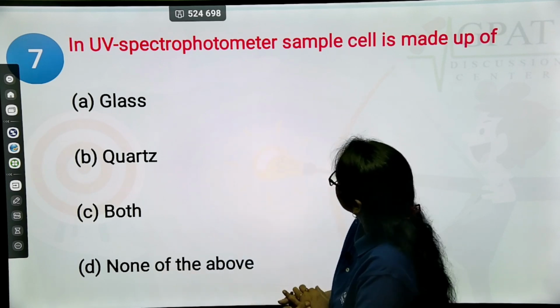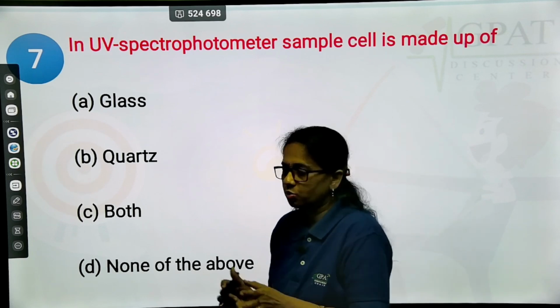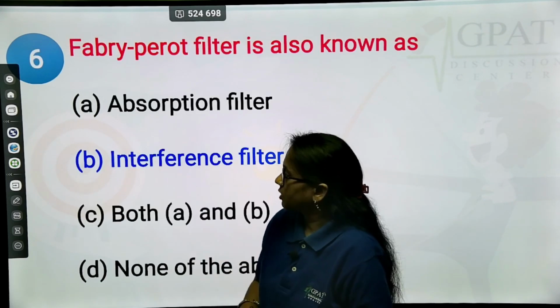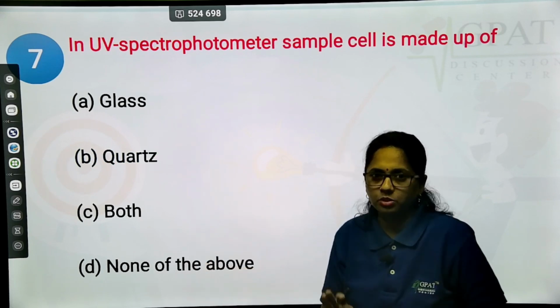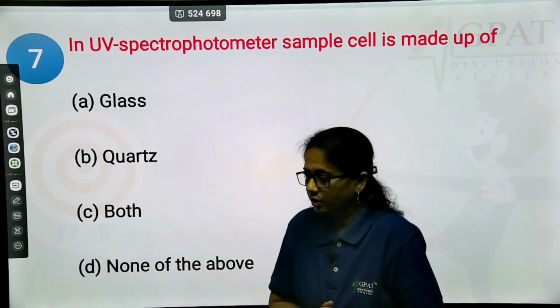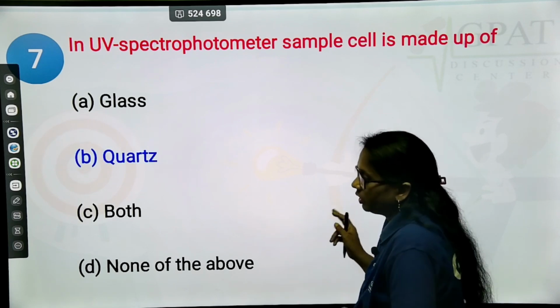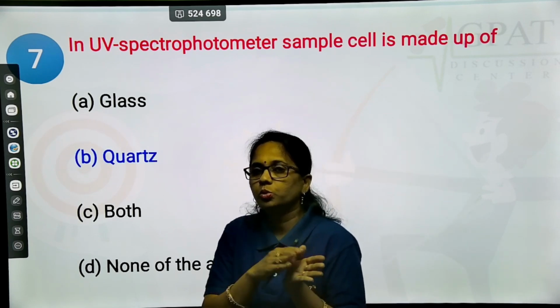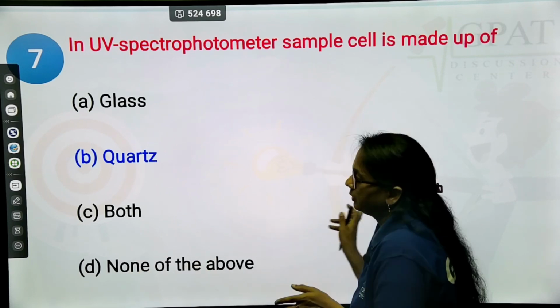Here the question is what the UV spectrophotometer sample cell is made of. For UV you are going to use quartz, because glass cuvettes are not suitable for UV. Glass absorbs the UV light. So option B is going to be the right answer. Quartz can be used for both UV and visible, but glass cannot be used for UV.